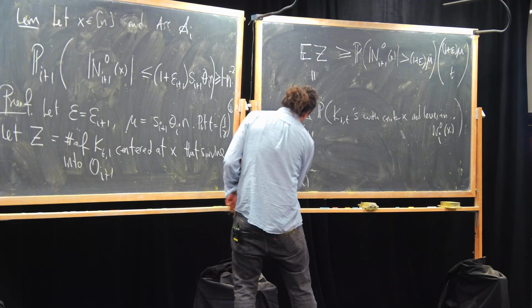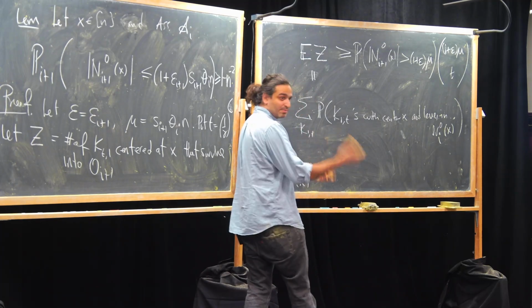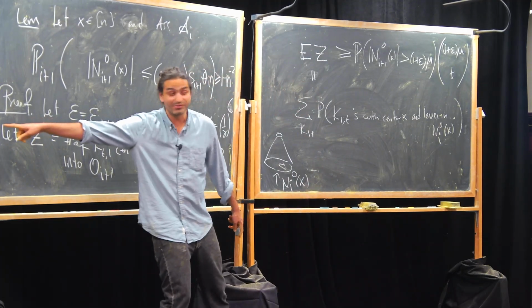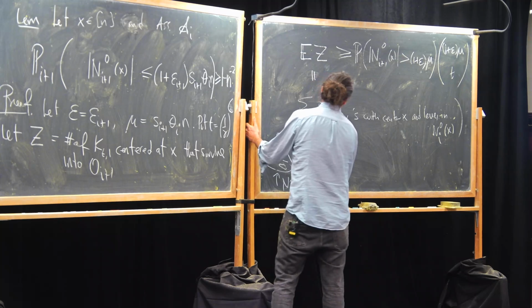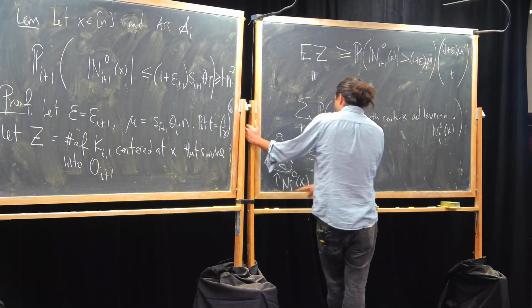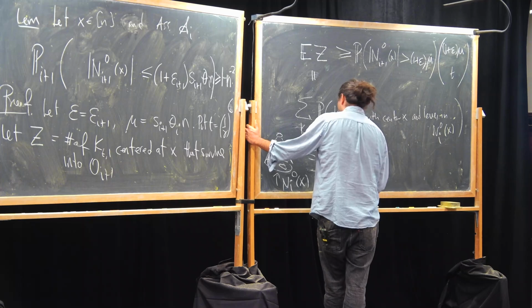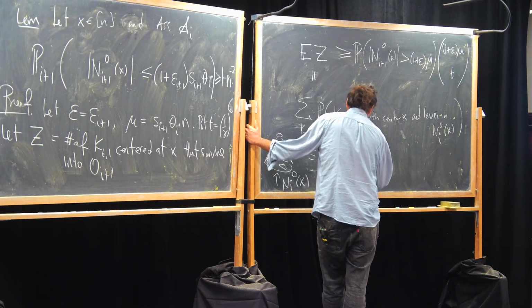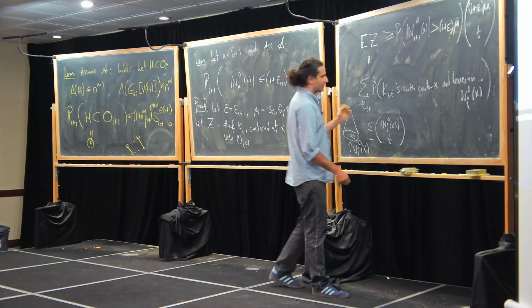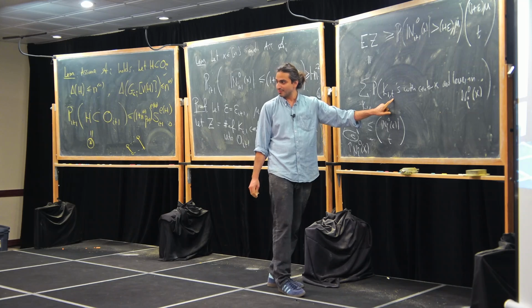Just select any t guys here, and now ask the probability that they survive, and bound the probability to survive using this. So this is at most the neighborhood of I, choose t, times the probability to survive. Well, I know exactly how many edges there are.